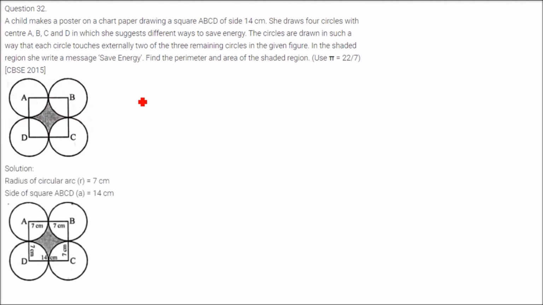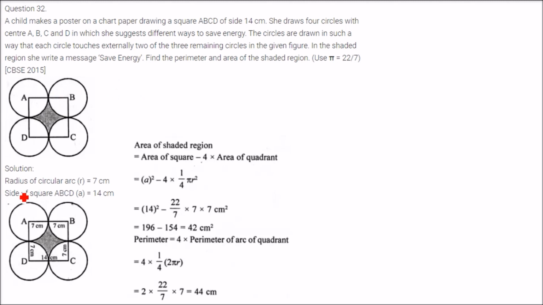So area we have already seen how to find out. We have already been provided the radius. So this side is 14, total side is 14 and the radius is 7. So we have to find the area of the square in order to find the middle region. So area of the square, then we have to subtract the area of the 4 quadrants here. Area of the square is what?